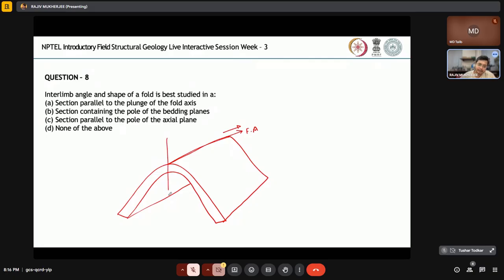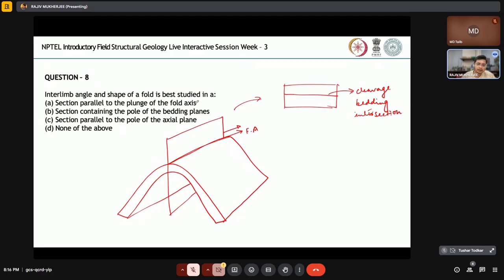Then a section cut parallel to this line would definitely look like this. And if we see this, again we will see the cleavage bedding intersection, right? So this is obviously not the correct answer.